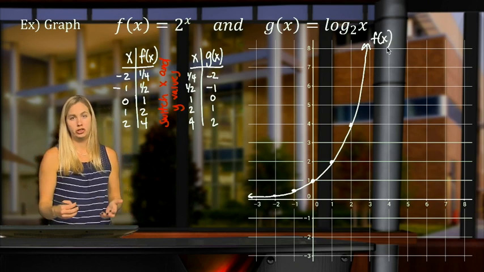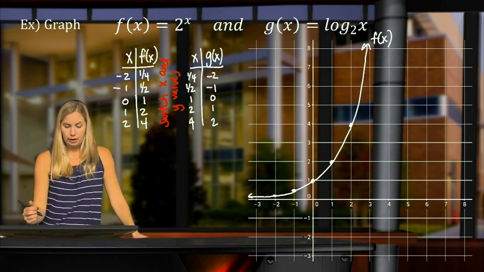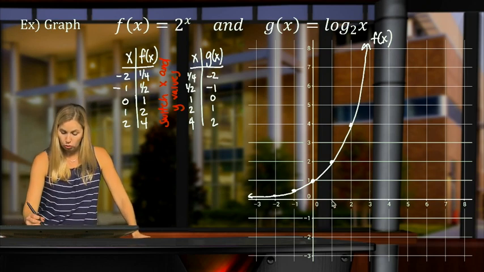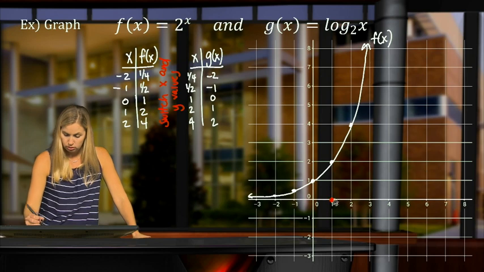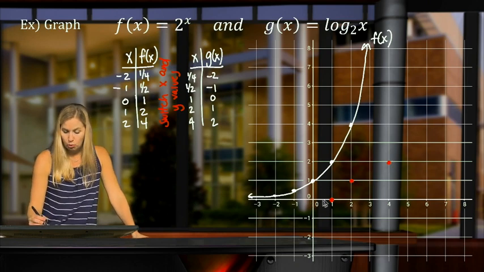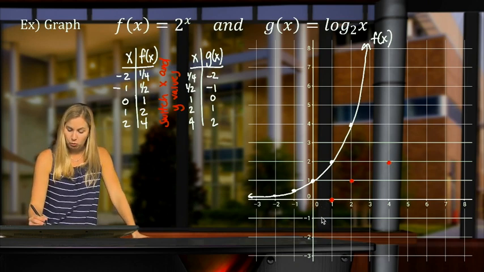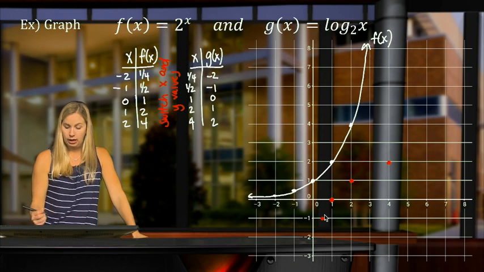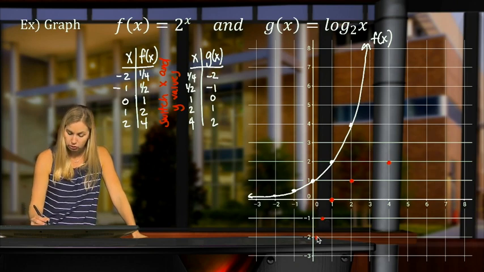Now in red, I'll graph g of x, which is the inverse. So we have a point, I'm going to start with the easy ones, 1, 0, 2, 1, and 4, 2. And also over 1/2 down negative 1, so 1/2, negative 1 and 1/4, negative 2.